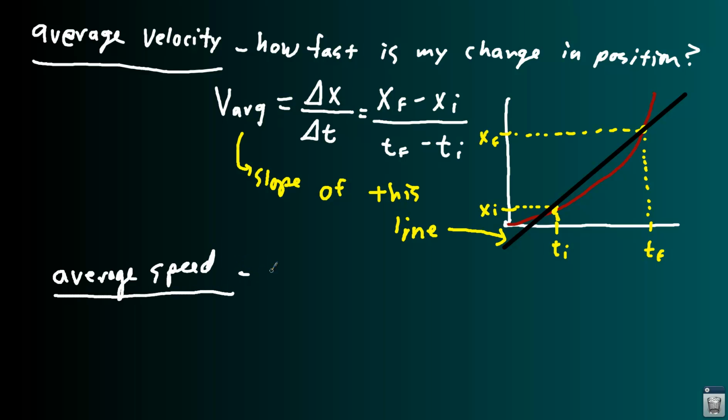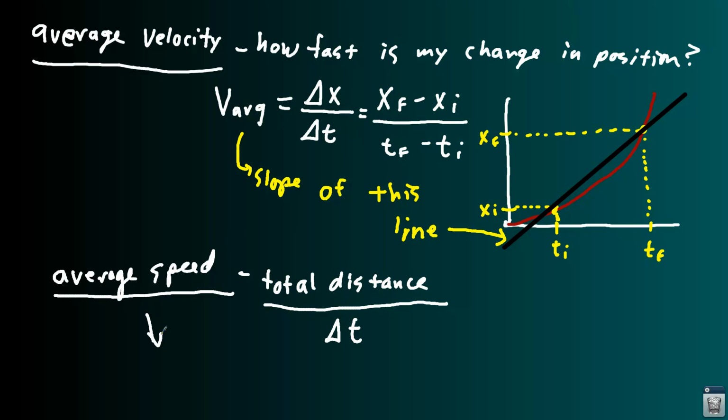It's basically the total distance over your change in time. Often seen, by the way, more familiarly as s equals d over t.